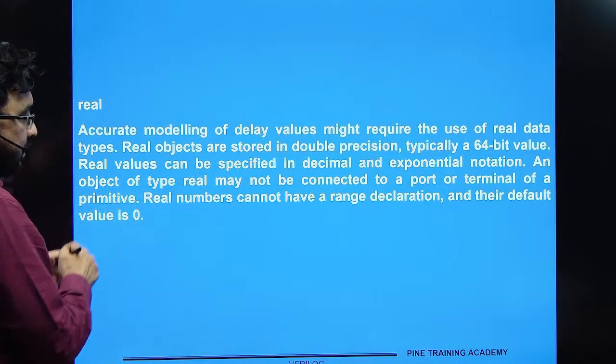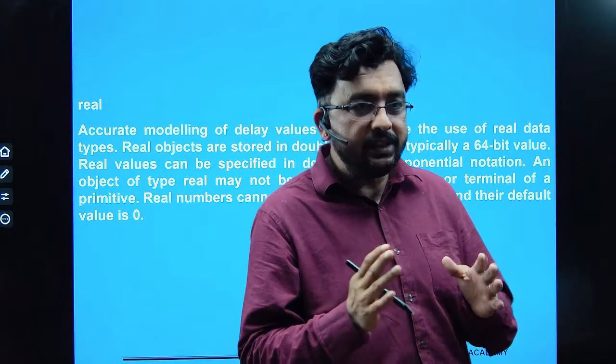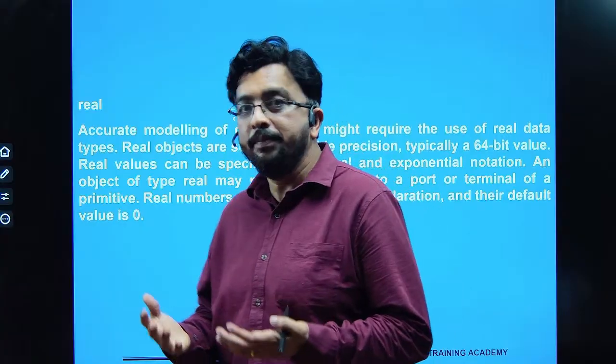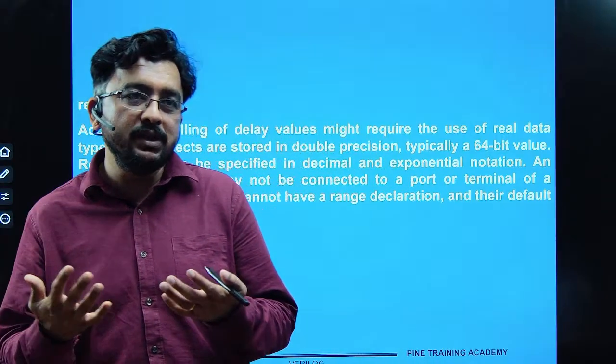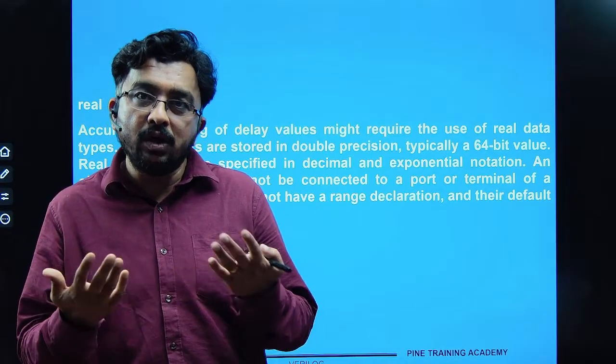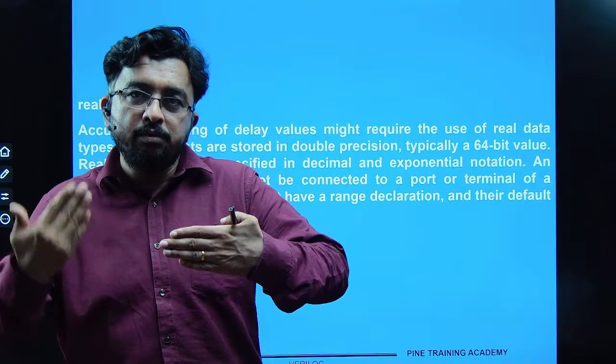An object of type real may not be connected to a port or terminal of a primitive. Now, the storage of these real numbers is not part of any input or output. It is part of the simulation. These real things are not connected to any input gate or input output.